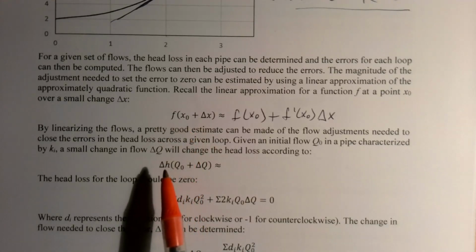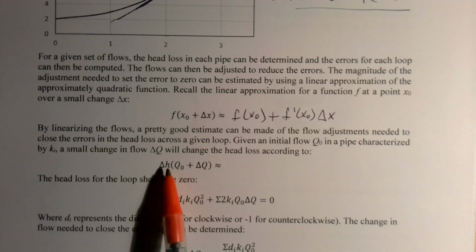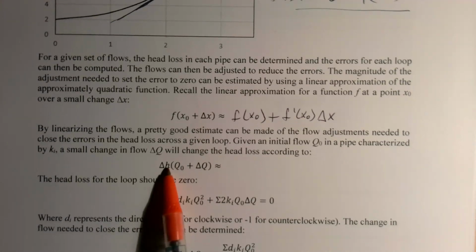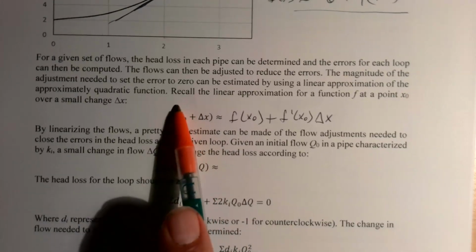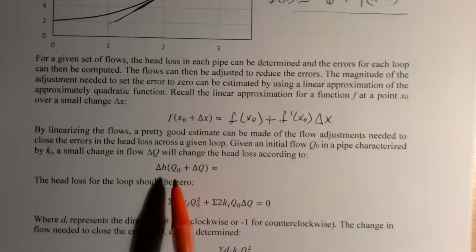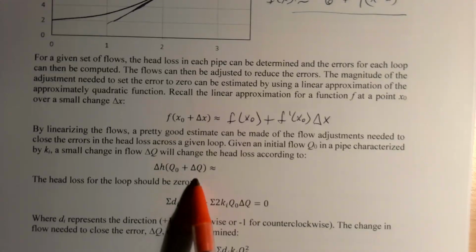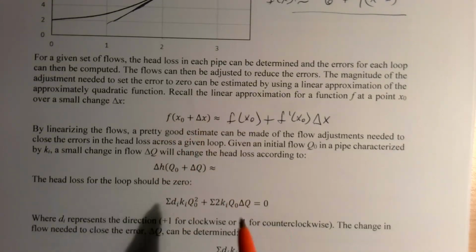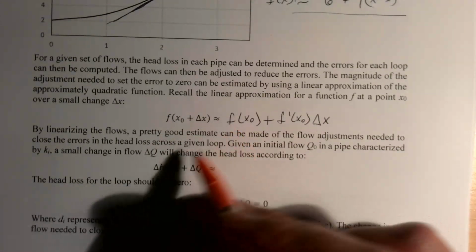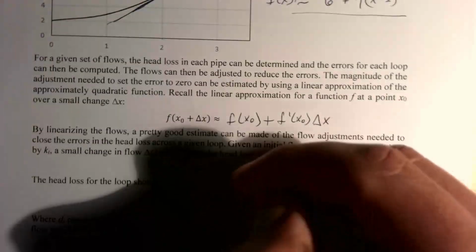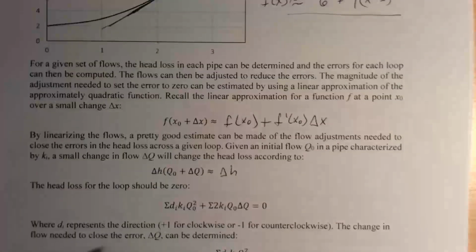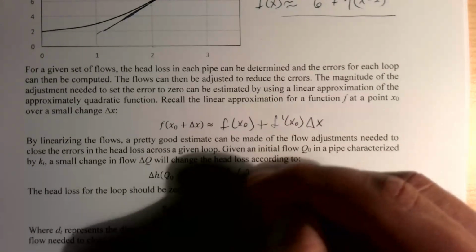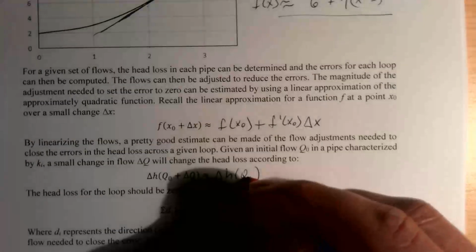Now let's think about what it looks like for the real function we're working with here in these hydraulic problems. And so delta H at Q0 plus delta Q, okay, so instead of f we have delta H, instead of x0 we have Q0, instead of delta x we have delta Q, okay? And so this would then have to be, instead of f here we get just delta H, and instead of x0 we get Q0, right?